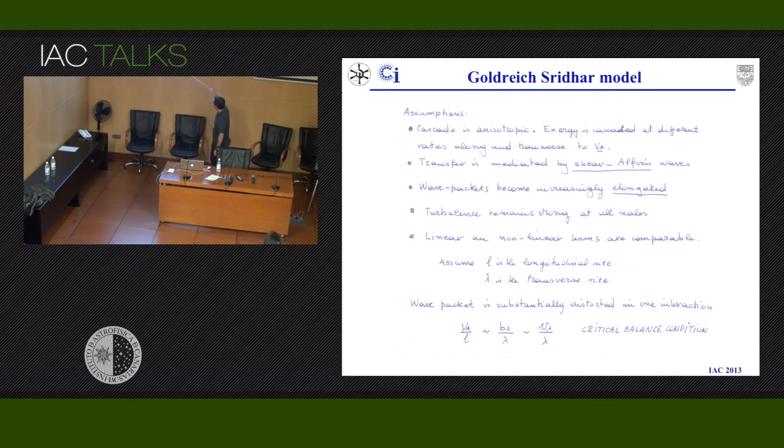So this relationship, between the transverse velocity and transverse scale, and the longitudinal scale and Alfvén speed, is called the critical balance condition. And they just asserted that it was true. And that corresponds to a balance between the linear and nonlinear terms.